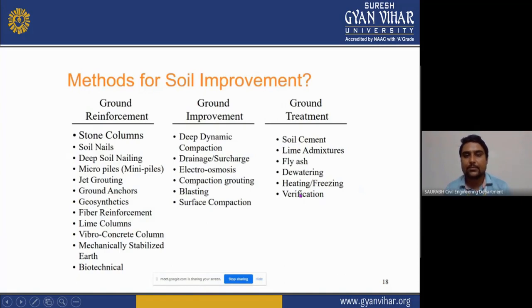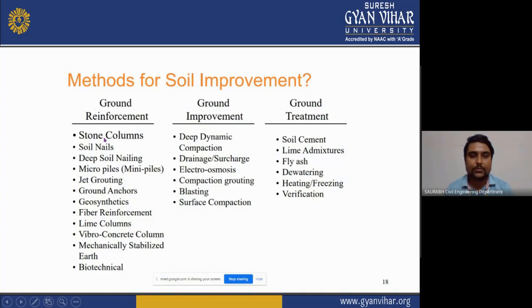What is the method of improvement of soil? Here you can see ground reinforcement, ground improvement and ground treatment. These three methods may be used for ground improvement or soil improvement.